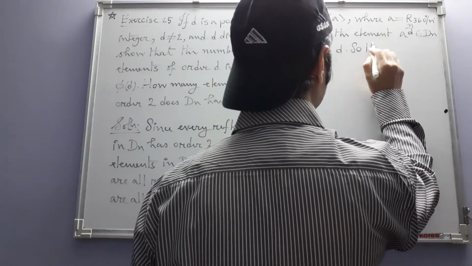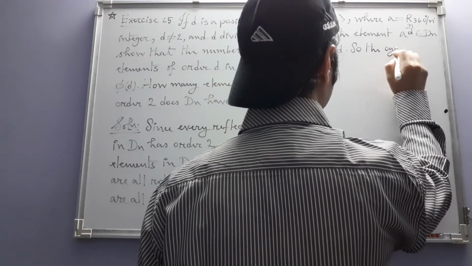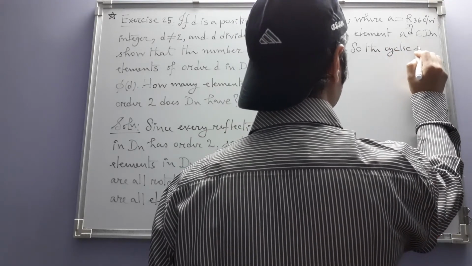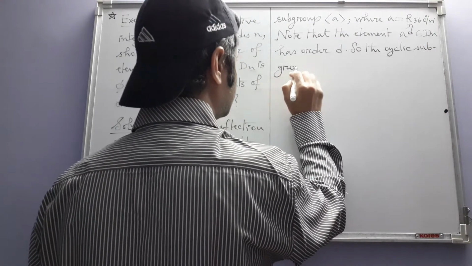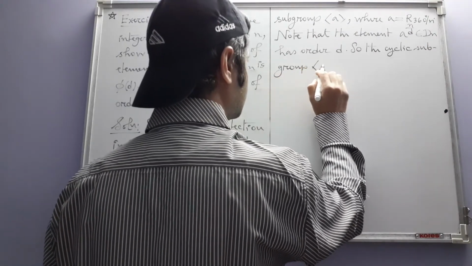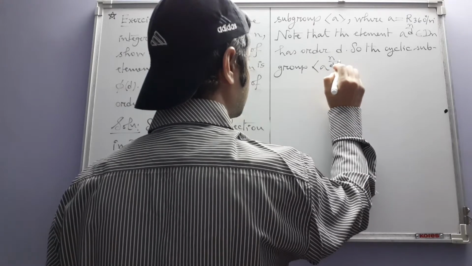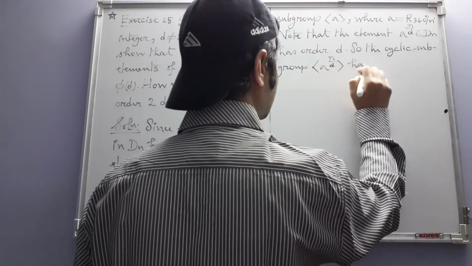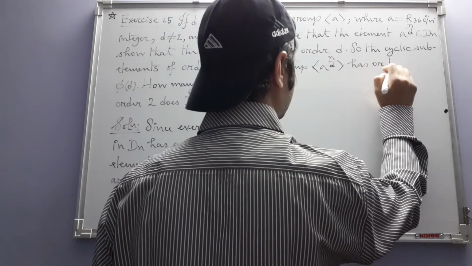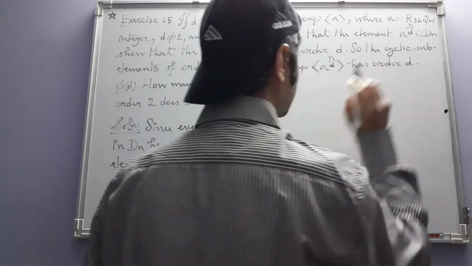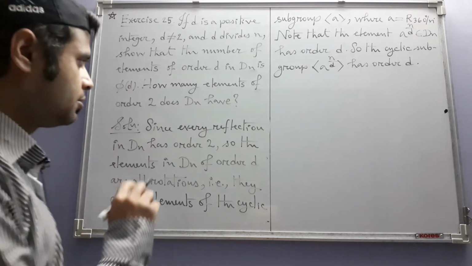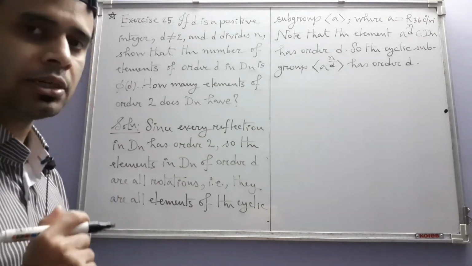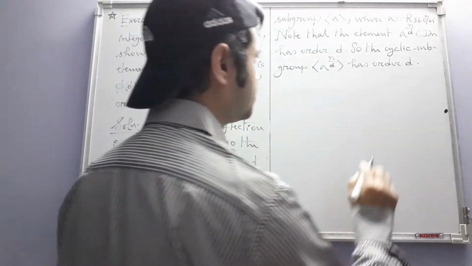So the cyclic subgroup has order d. Now we invoke theorem 4.3, the fundamental theorem of cyclic groups.